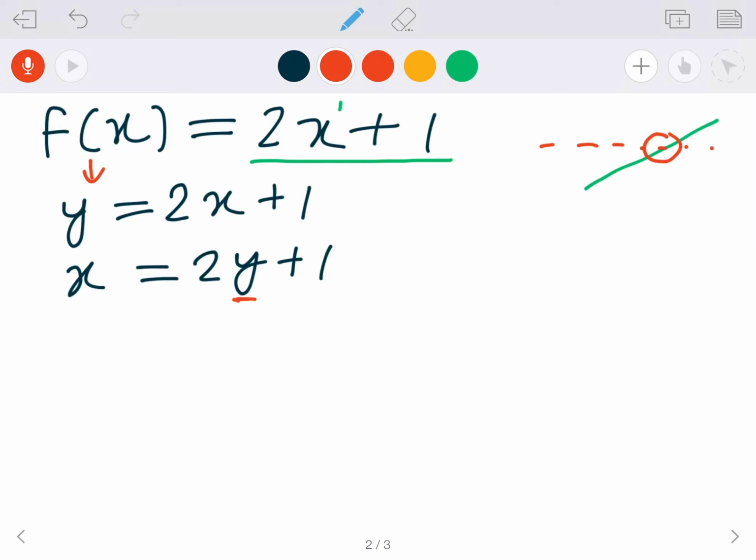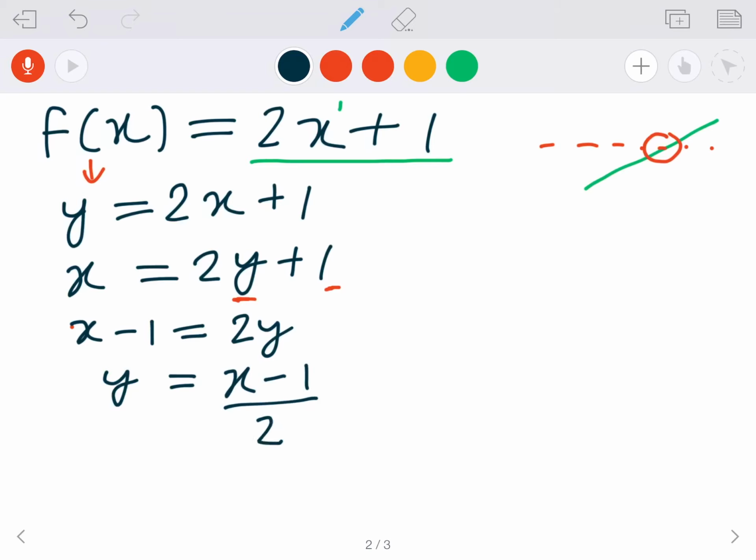So then we can just move this 1 to the other side, or subtract 1 on both sides, so we get x minus 1 is equal to 2y. And then divide by 2 on both sides, so y is equal to x minus 1 over 2. So we get y in terms of x, because x we have there.